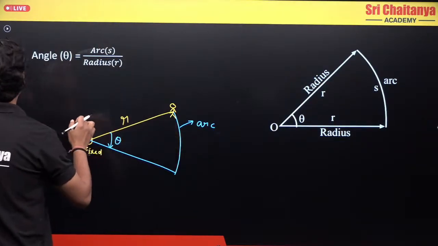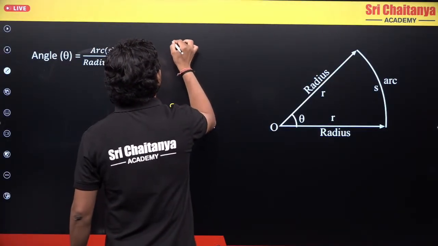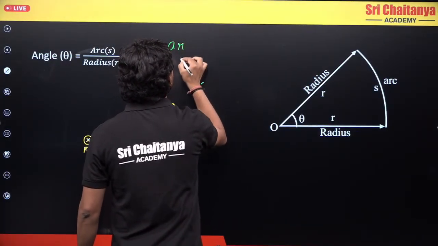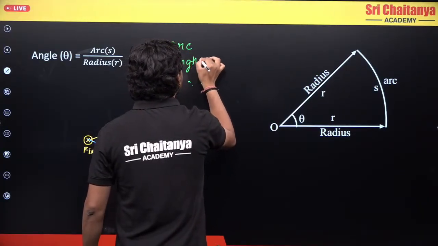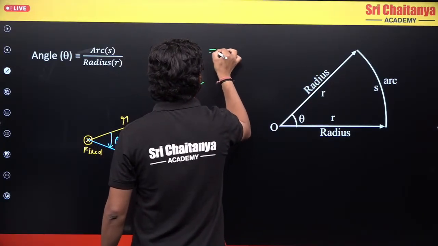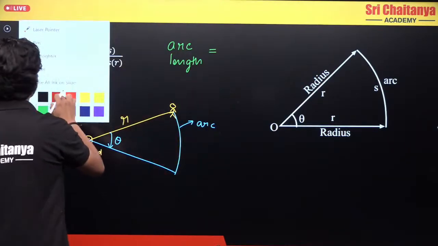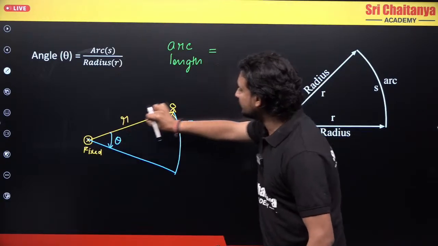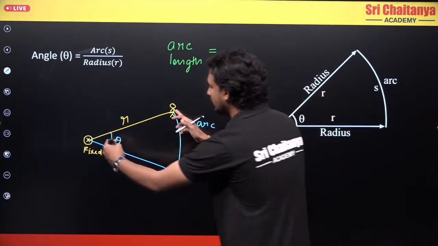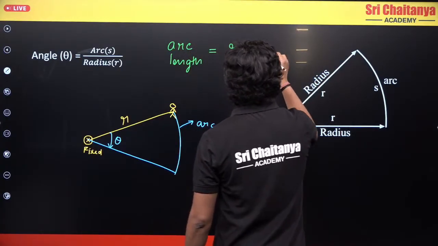The formula for arc length is very simple. Arc length is equal to the length of the string, which is r, into the angle rotated.